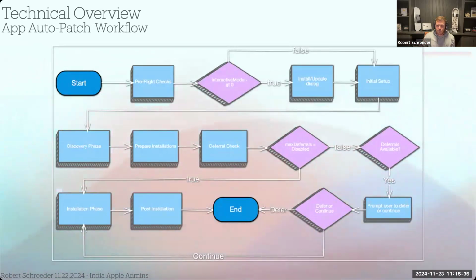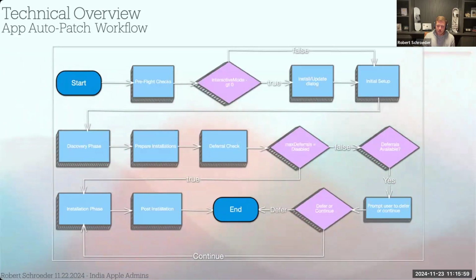It'll go through the initial setup of app autopatch, so creating the local files that are needed on the machine. It goes through the discovery phase, which is seeing which applications are installed on the computers and comparing them to the Installomator app labels, preparing the installations, and then it'll go through the deferral checks.